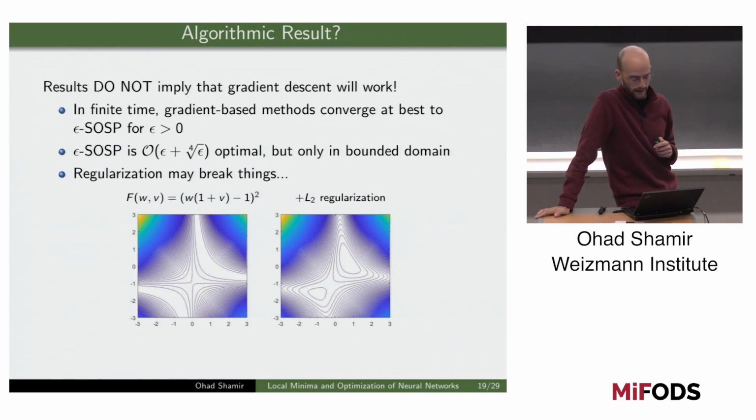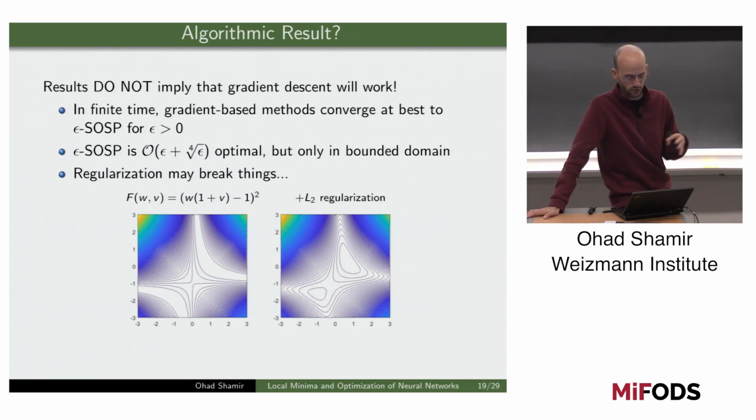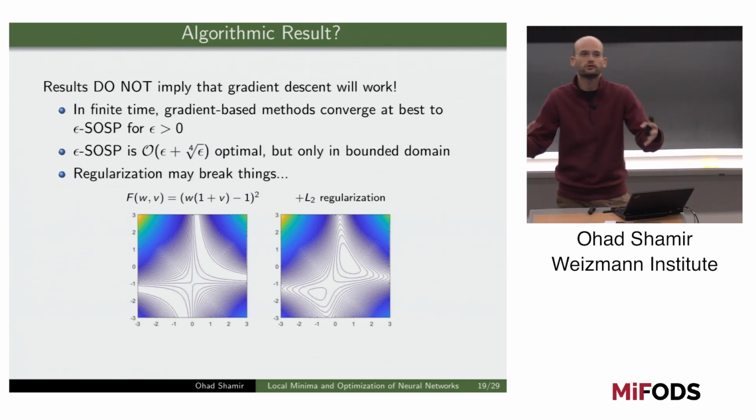So what can we say based on our result? It's a result for epsilon second-order stationary points, and we know that in finite time, at least with some smoothness assumptions, gradient-based methods do converge to epsilon second-order stationary points. And we showed that these points are almost optimal compared to linear predictors. But this is only if you assume that your domain is bounded.